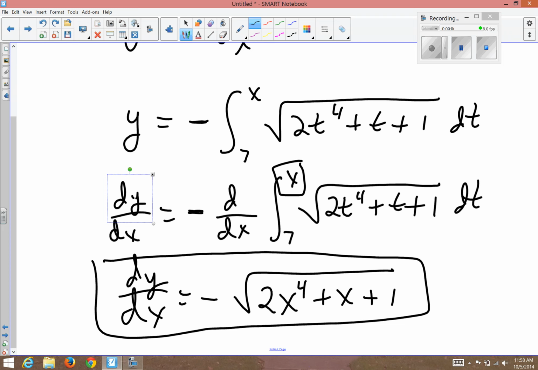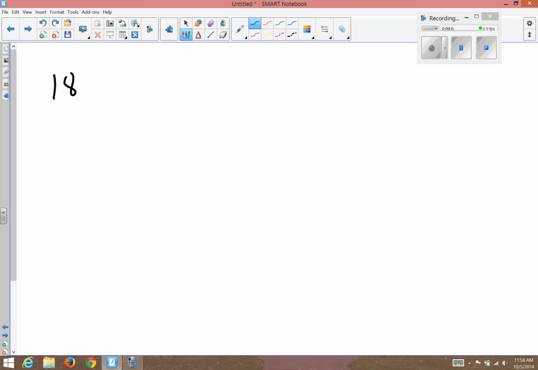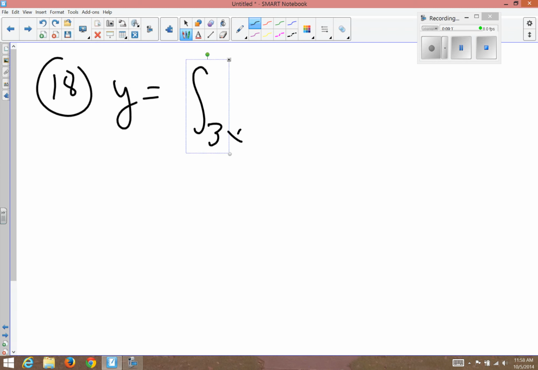Now we're going to look at number 18. Y equals the integral of 3x squared to 5x of the natural log of p plus p squared dp.